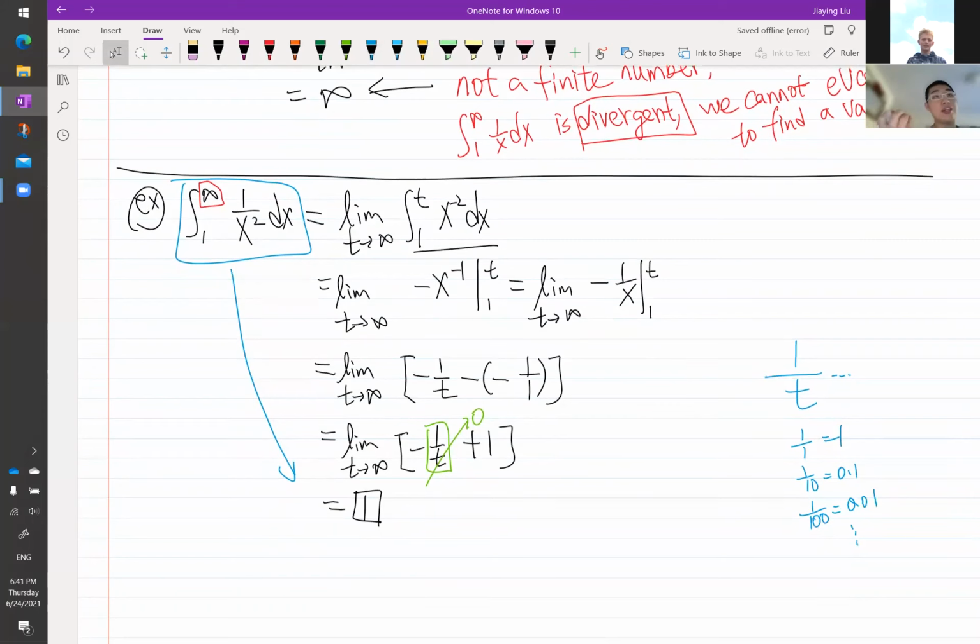So in this case, we actually found a finite value. That's great. So we evaluate the integral. Because it's a finite value, we can also say the improper integral is convergent.